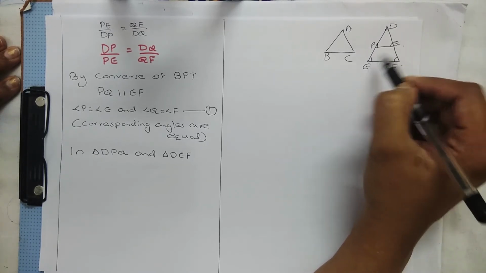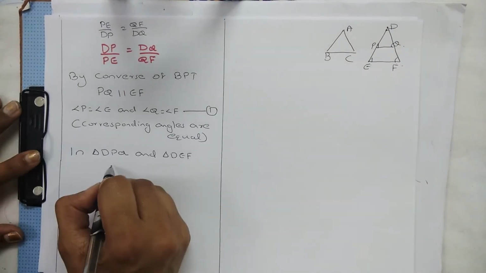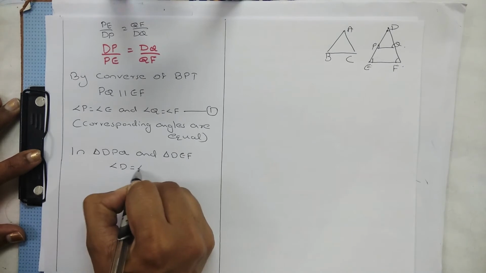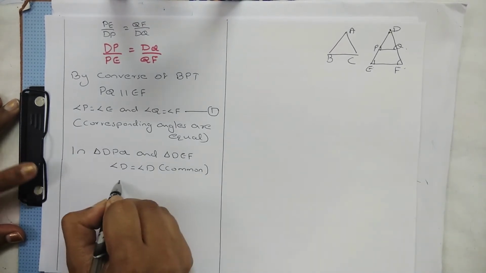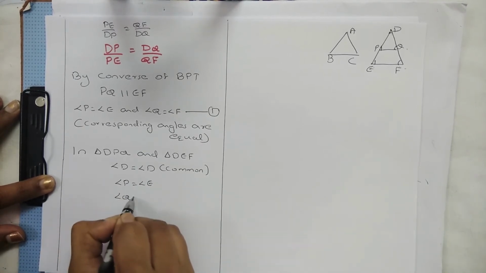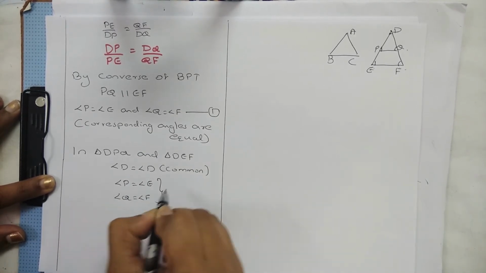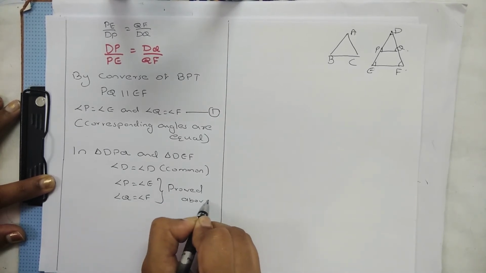P is equal to E and Q is equal to F, already we proved here. So I am writing here, angle D is equal to angle D, it is common. Angle P is equal to angle E and angle Q is equal to angle F, already we proved from equation 1, or you can write proved above.